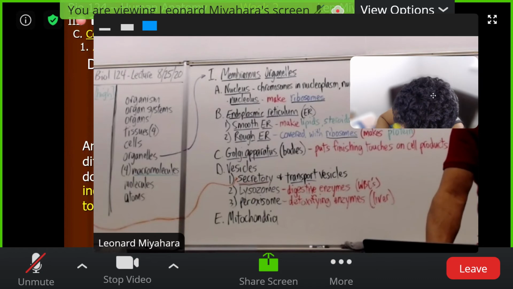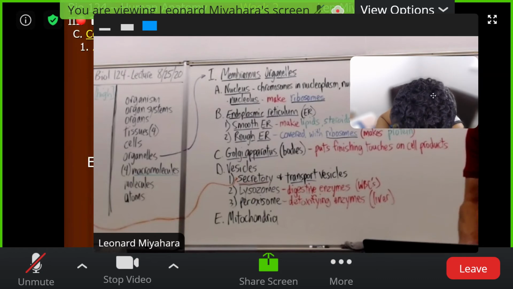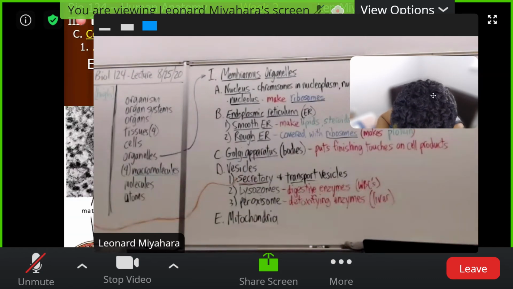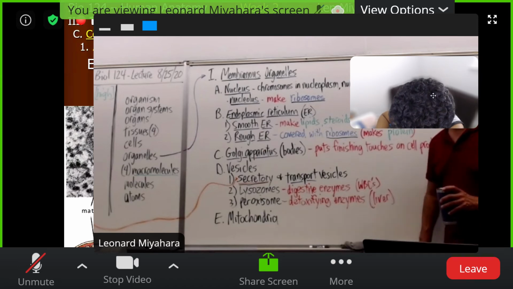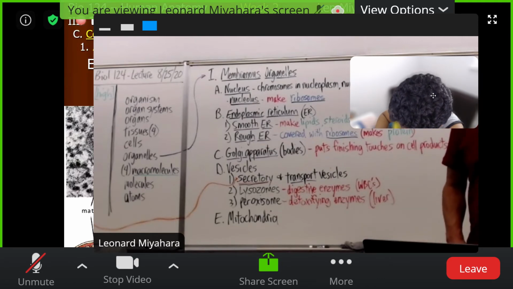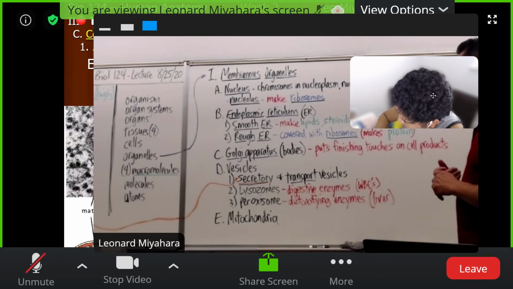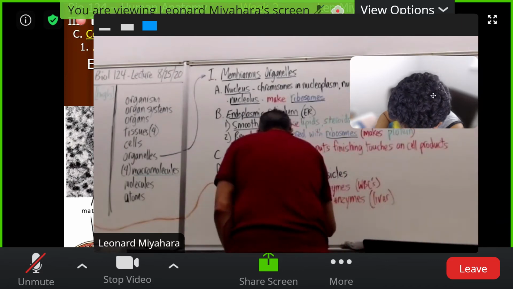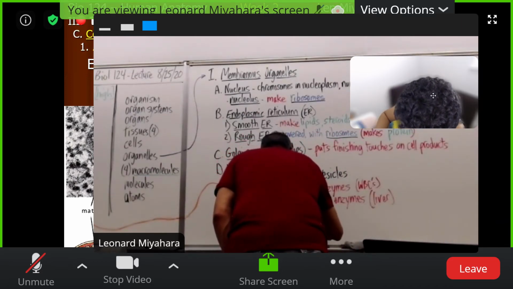All right, and the last membranous organelle is the mitochondria. Now, not 100% of you are going to be taking physiology, but we cover this as a good portion of lecture exam 1 material. It's a function of the mitochondria in metabolism, because the basic function of the mitochondria is to make ATP.